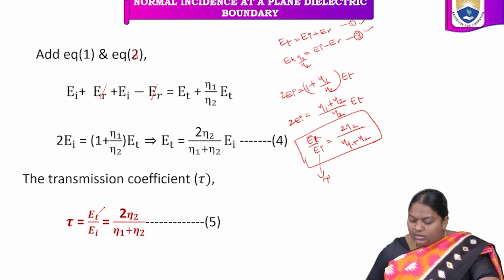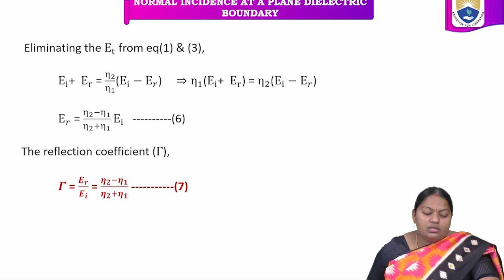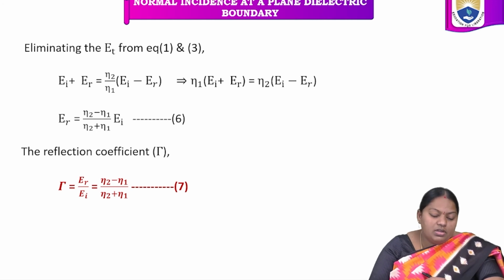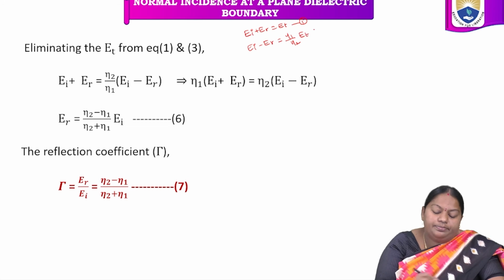Okay. Similarly, we are going to have another coefficient called the reflection coefficient. So in order to derive that reflection coefficient, firstly, EI plus ER equal to ET. This is from equation number 1. And EI minus ER equal to eta 1 by eta 2 into ET.